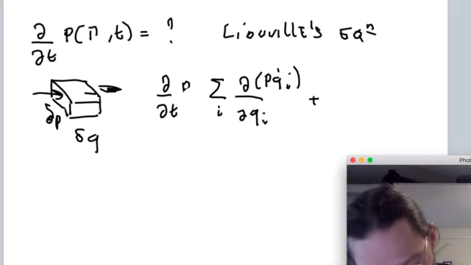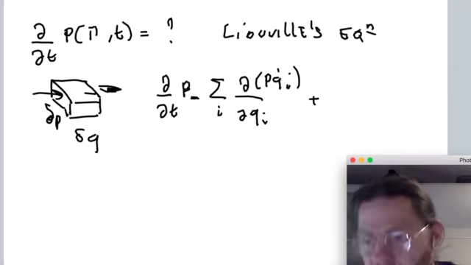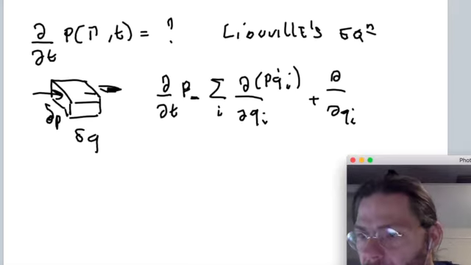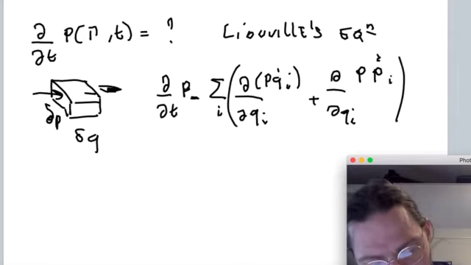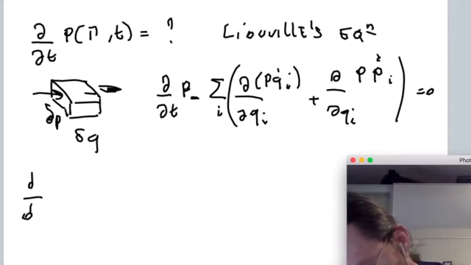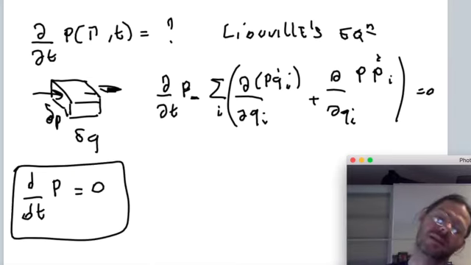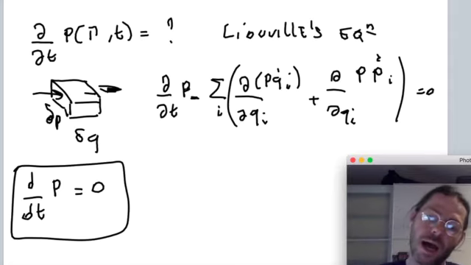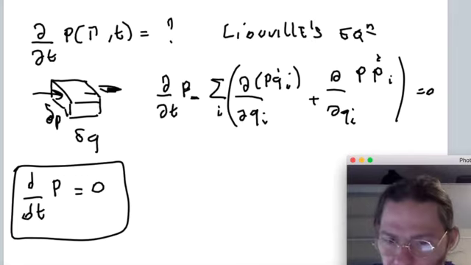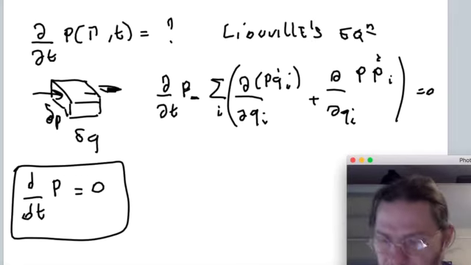Let's do the following. d by dq_i, p, p_i equal naught, which can be written in the famous compact form for Hamiltonian system expressing the null variation of the total probability density, which expresses basically that the Hamiltonian evolution behaves like an ideal incompressible fluid in phase space. This is all well known for statistical mechanics.